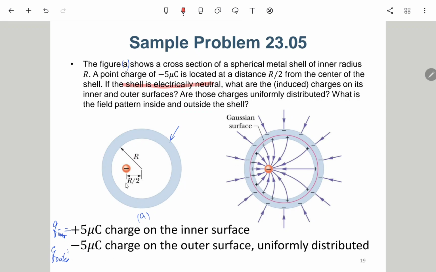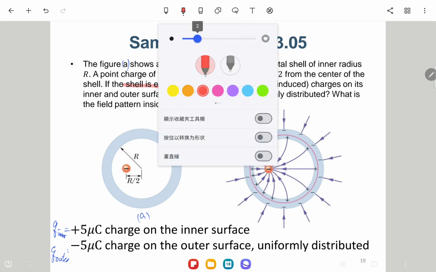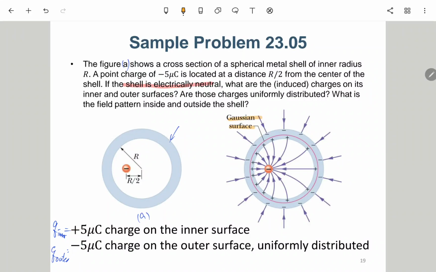Okay, and so that's why Q inner is +5 μC. If we assume a Gaussian surface to be this red circle, which is in the metal shell, just as what I mentioned yesterday, inside the conductor there should be no E field.